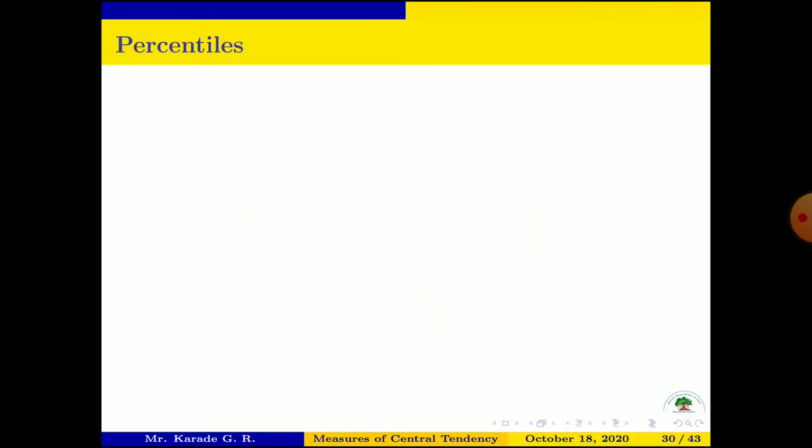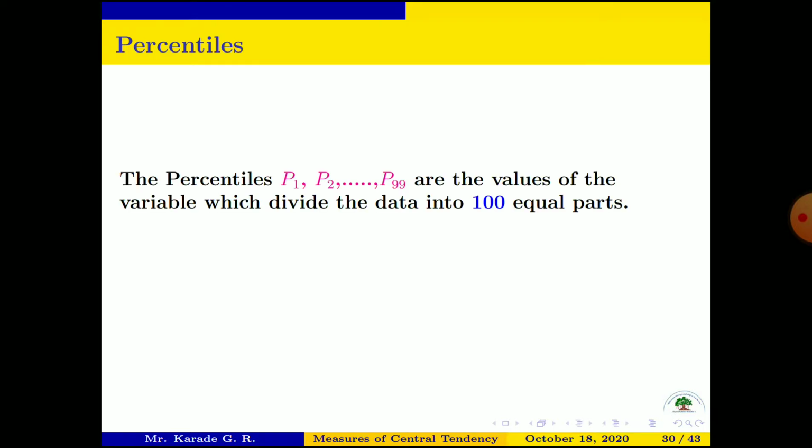So percentiles. First of all, we define what is meant by percentile. The percentiles P1, P2, ..., Pn are the values of the variable which divide the data into 100 equal parts.